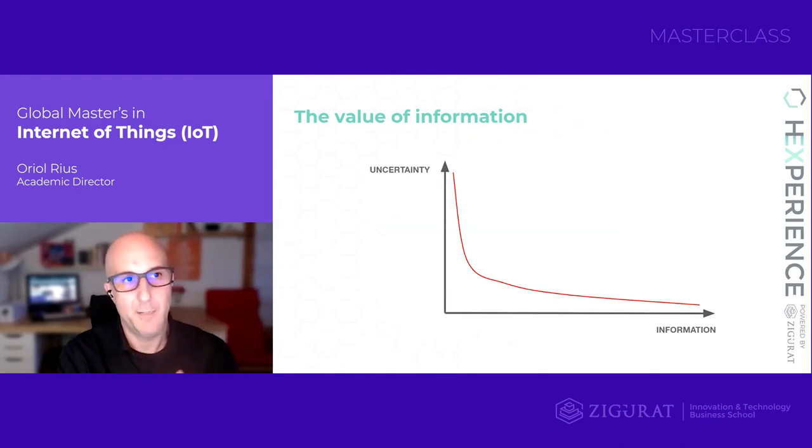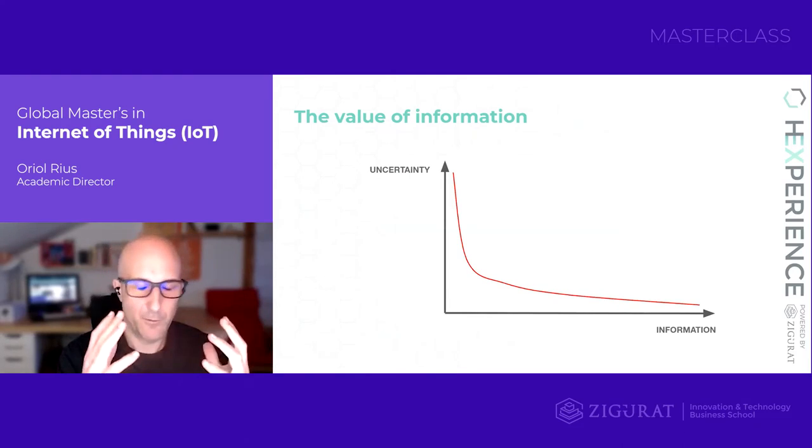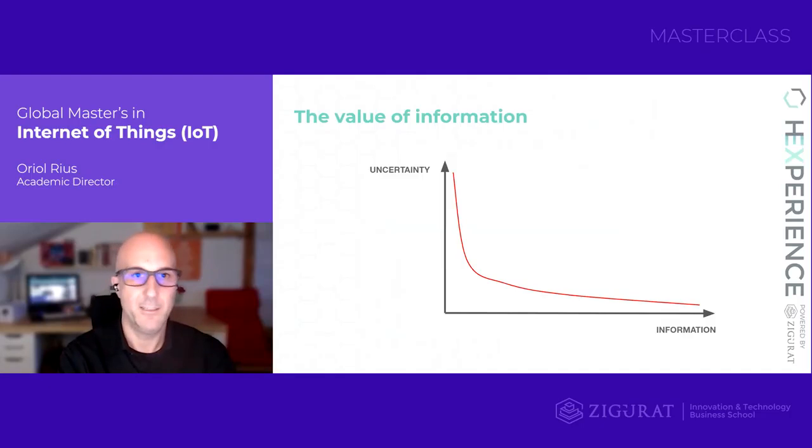And keep on talking about uncertainty. For reducing the uncertainty, our tool, the resource, or what we can do is get information. And thanks to the information, we can reduce the uncertainty, as we can see in this slide. At the very beginning, with a little bit of information, we can reduce a lot of uncertainty.